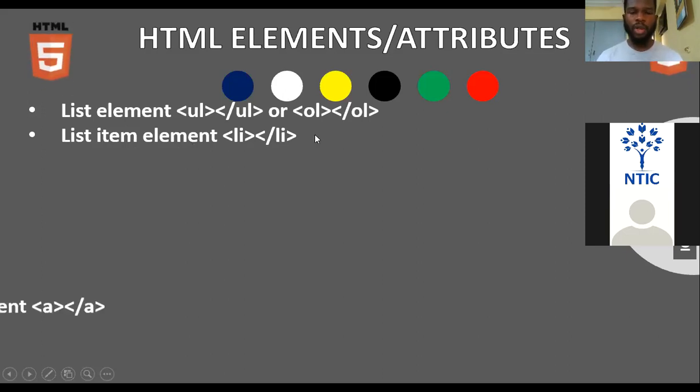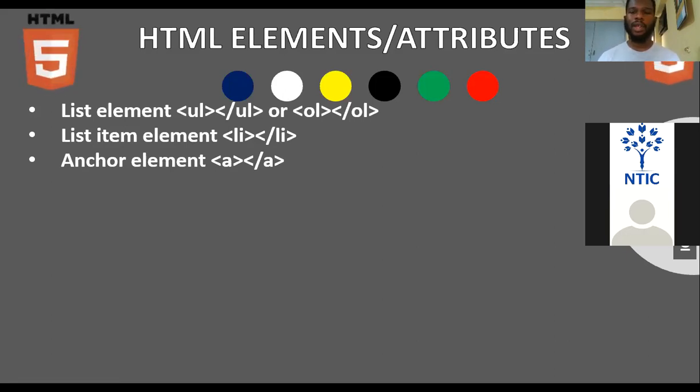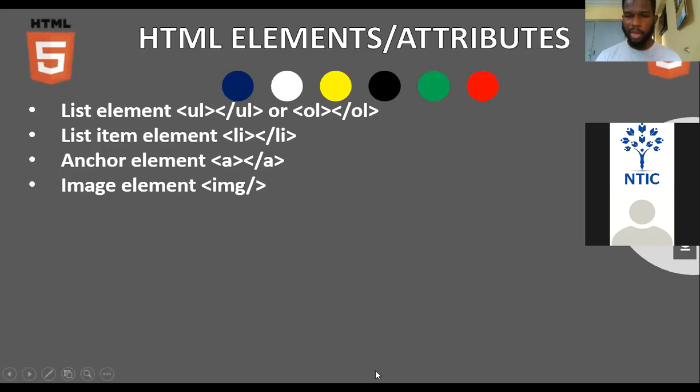Next, we'll look at the anchor element. I explained in the first class that the anchor element lets you link to another page. If you want to go to another page, you use anchor element A. Then we'll look at the image element. The image element is a bit different.